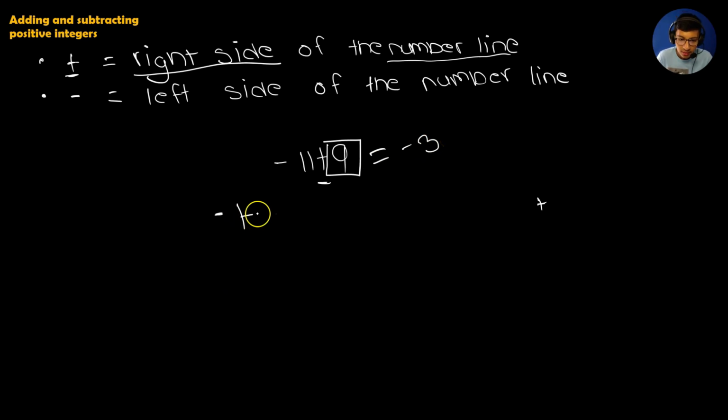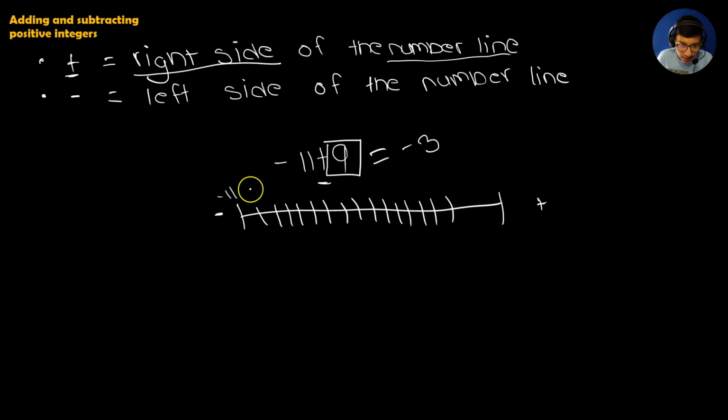And so now let's check our answer. Negative 11, negative 10, negative 9, negative 8, negative 7, negative 6, negative 5, negative 4, negative 3, negative 2, negative 1, 0.